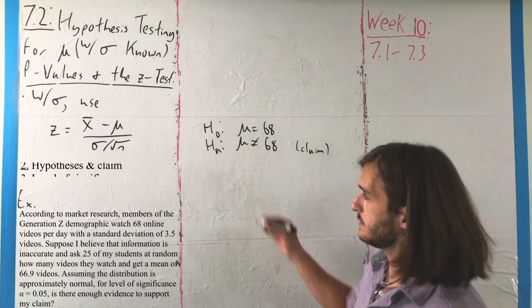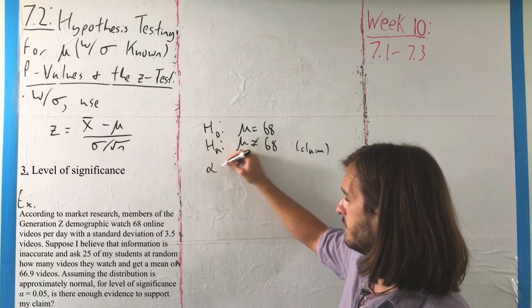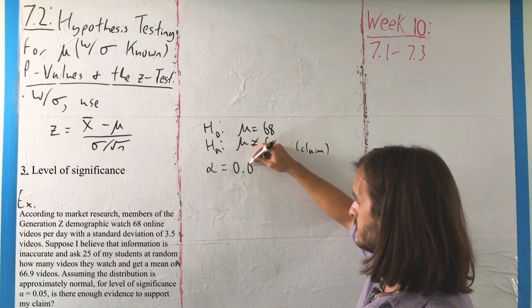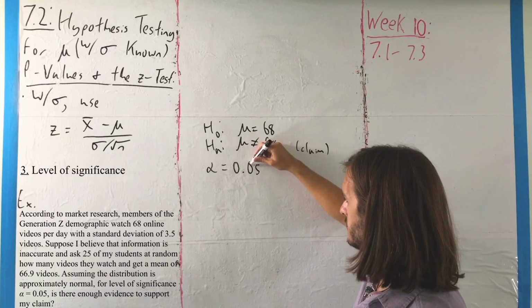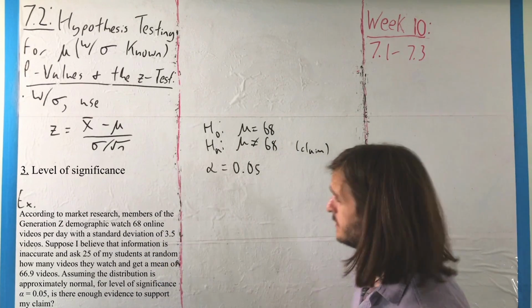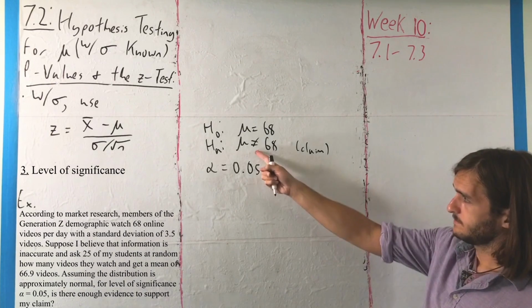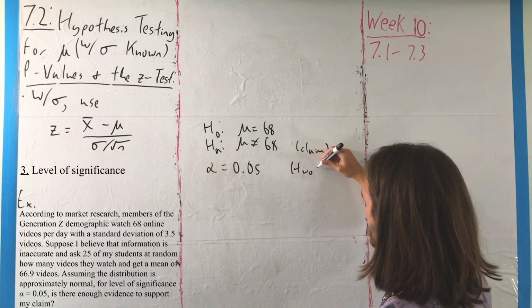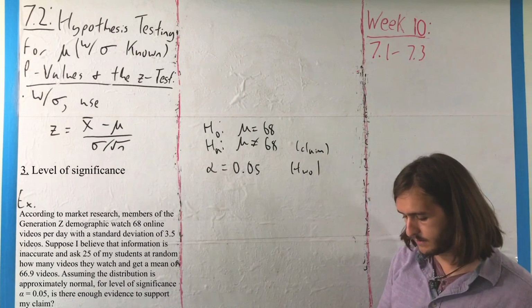Then we want the level of significance alpha, which in this case I have picked as the traditional value of 5%. Why it's traditional? No good reason, but it is. Because we're looking for any form of inequality, we know that this is going to be a two-tailed test that we'll be working from.